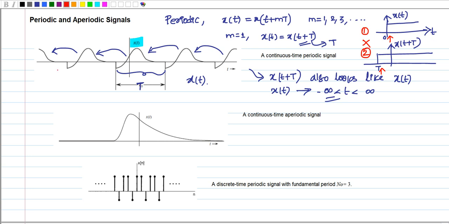Whereas in the case of minus infinity to plus infinity range, even if I shift one time period by T, I'll get the same signal as it is.